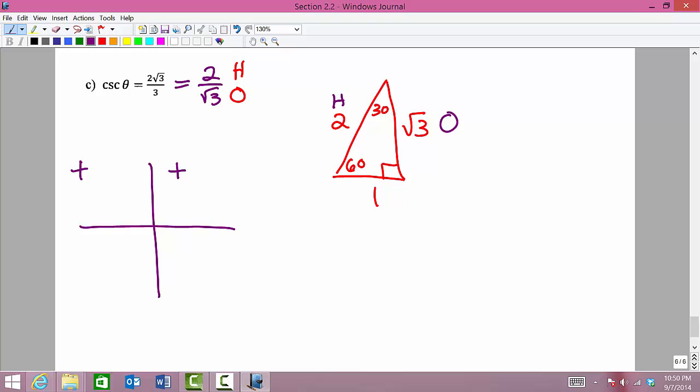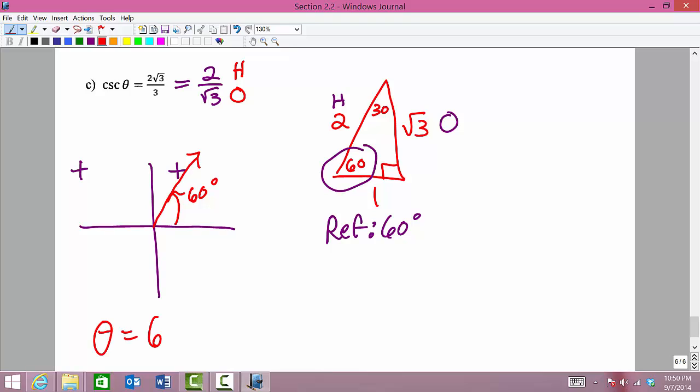So opposite would be referencing 60 degrees. So 60 degrees is our reference angle. So we are going to put a reference angle of 60 degrees in quadrant 1, and that would be 60 degrees. So our first angle theta would be 60 degrees.